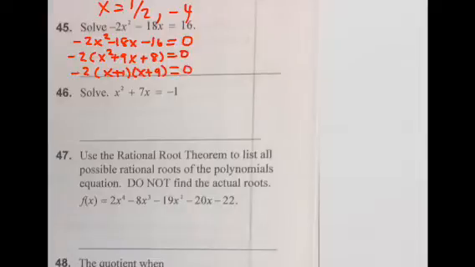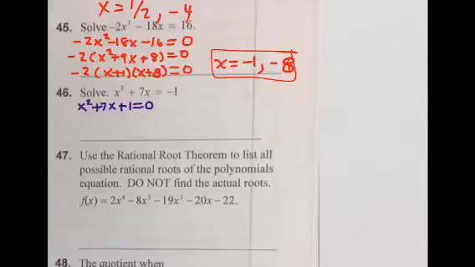And so x is negative 1 and negative 9. Whoops, my mistake, sorry. It should be negative 8. So that should be 8, and so negative 8. There. So 46, they move the 1 over, the negative 1, and it becomes positive 1 on the left side.